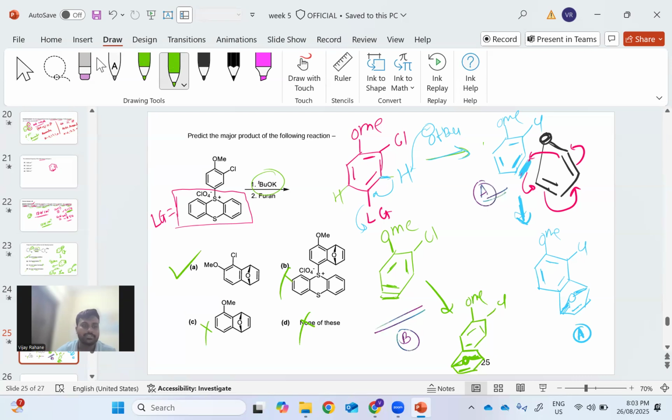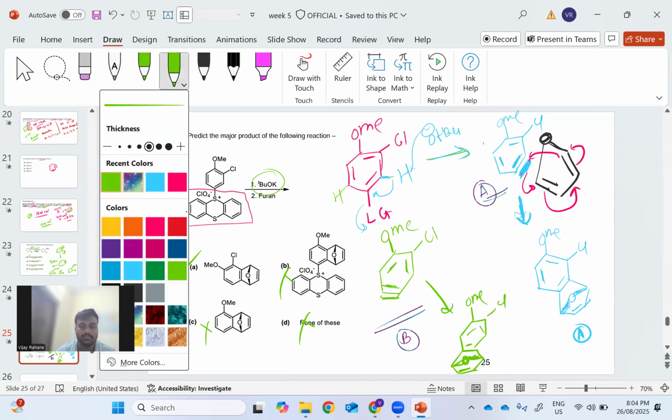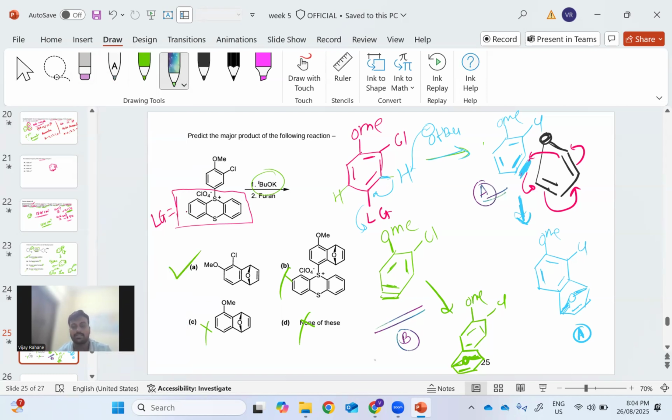But if you don't have such options given, then the real question is which product is going to form. For that, you need to understand which benzyne intermediate is the stable intermediate among these two. The product associated with that intermediate will be the major product.